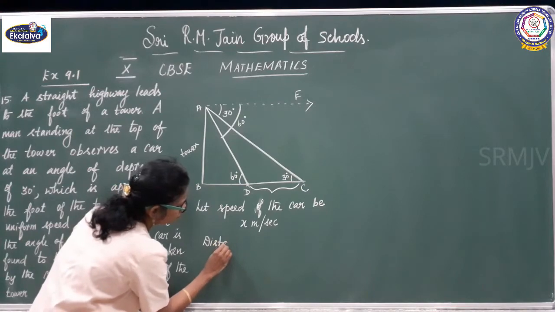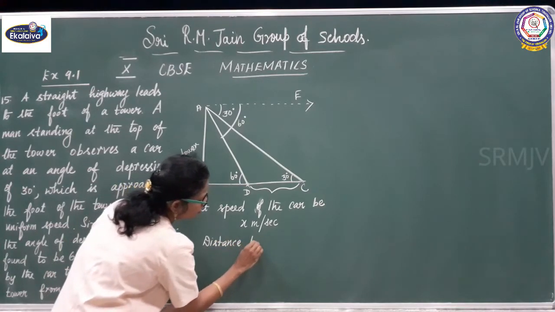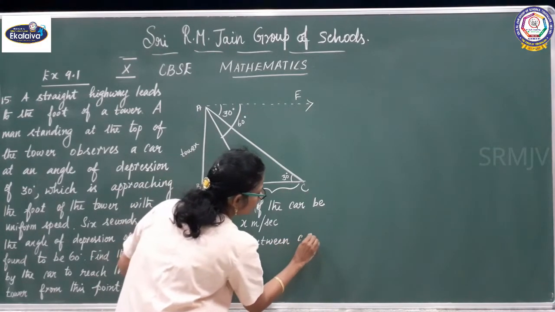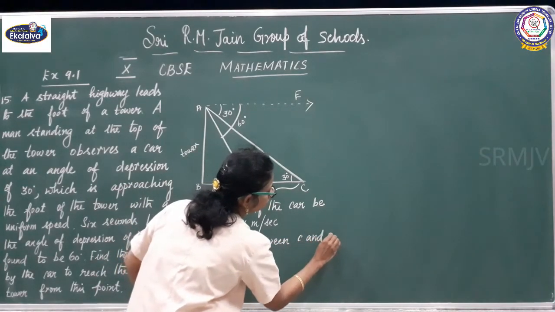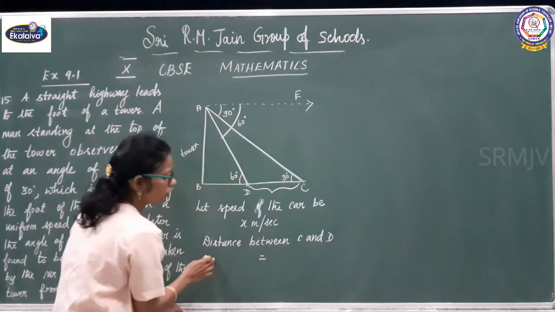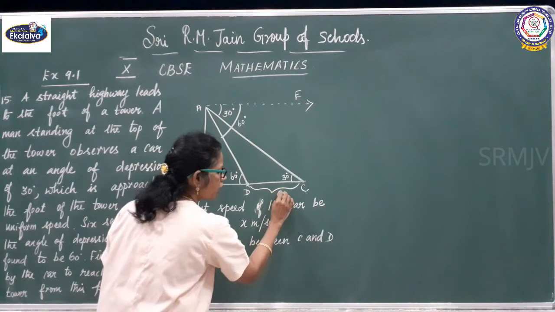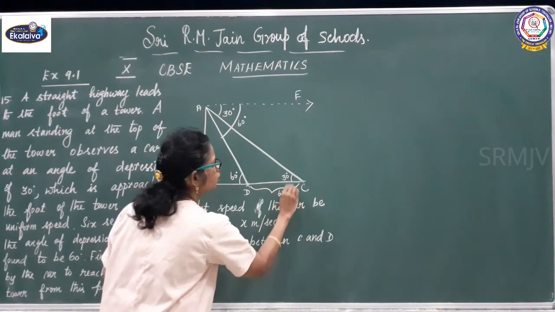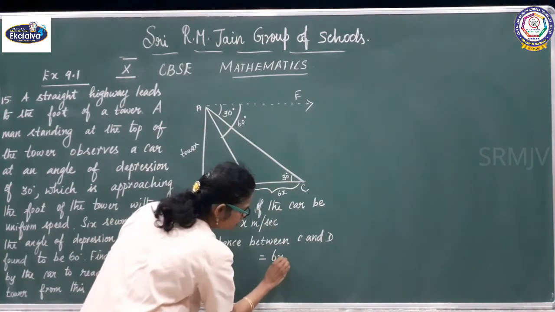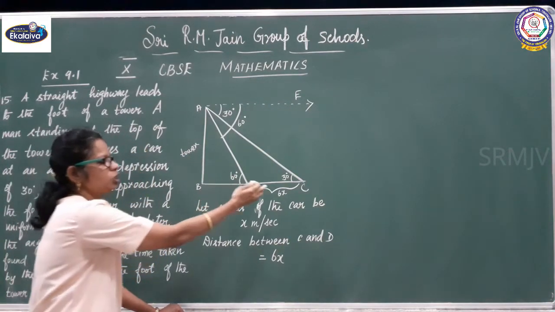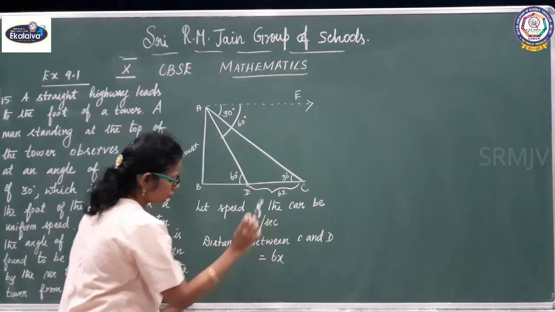Distance between C and D equals speed into time. Here the time they mention is 6 seconds. So 6x, right? The distance between these 2 points is 6x.